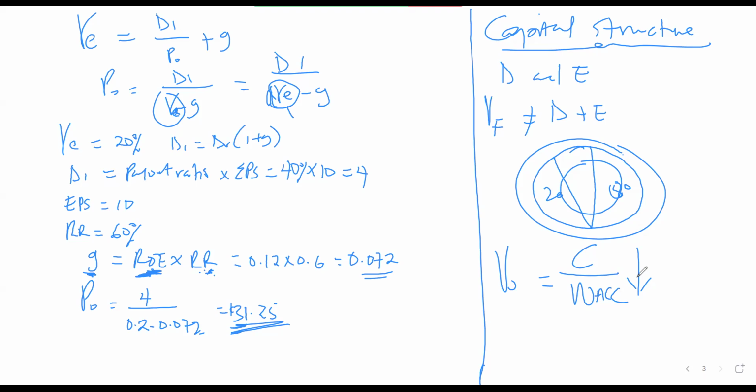So the first scenario is that if you introduce debt, your cost of equity would increase, but it will not increase to the tune that your cost of debt decreased.